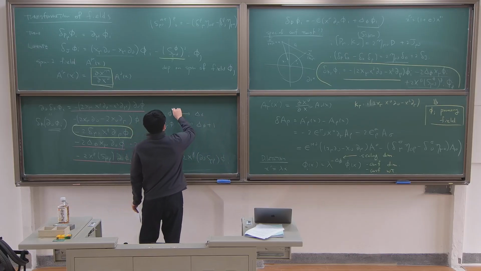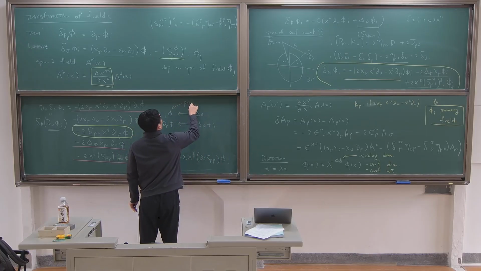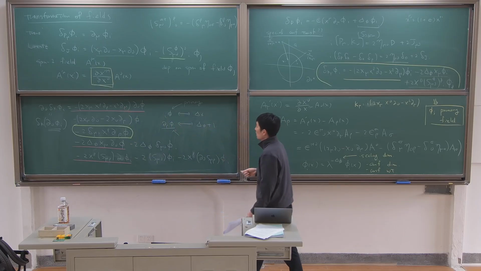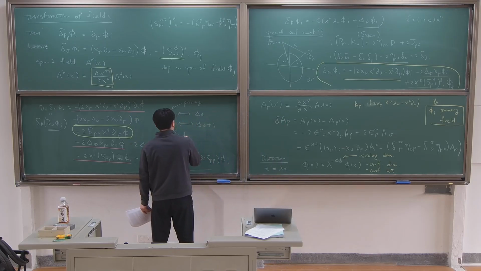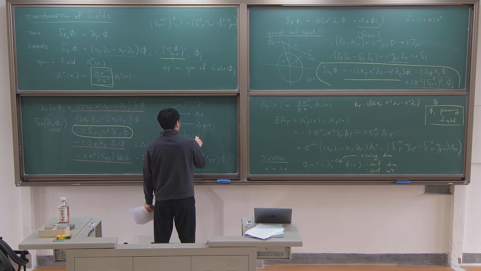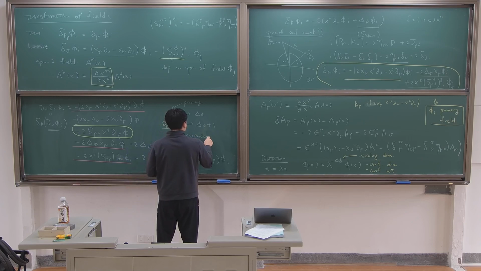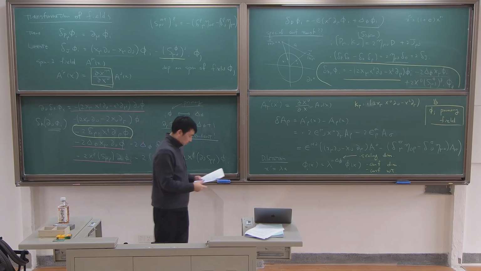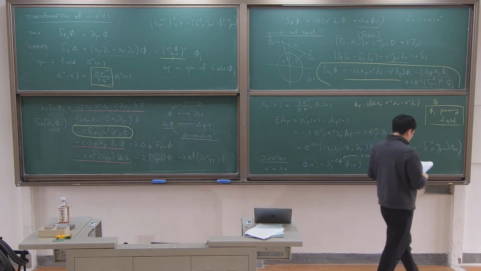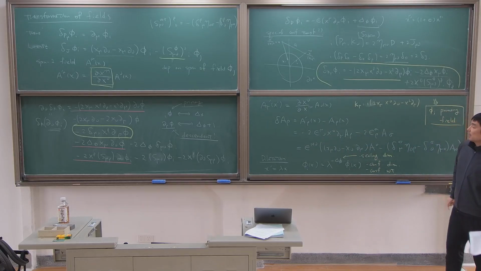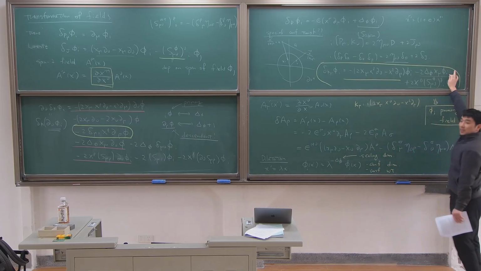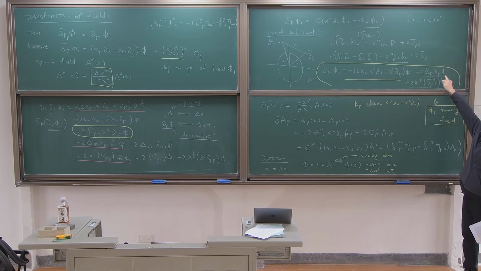So usually if this is the primary field, then the derivative of phi under the special conformal transformation gets really ugly. So this is called a descendant. If you consider operators in a conformal field theory, a clean transformation is really preferable.